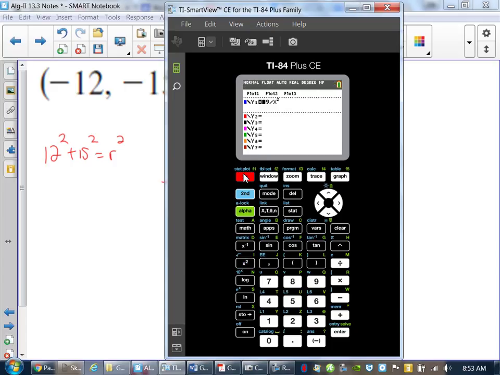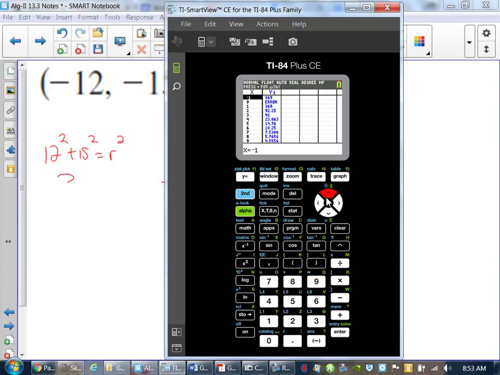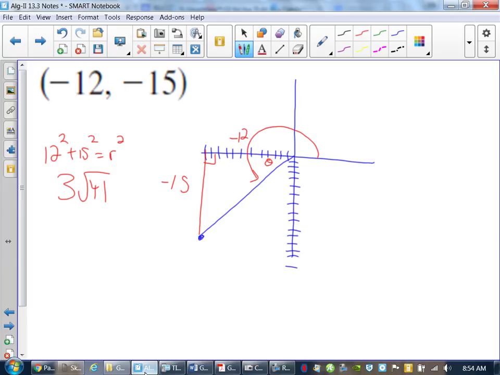So it's 3 root 41, okay. So now as you go through all those, you just have to be careful with that root 41 in your denominators, which means you just have to rationalize.